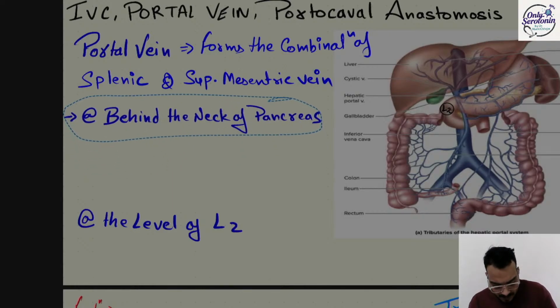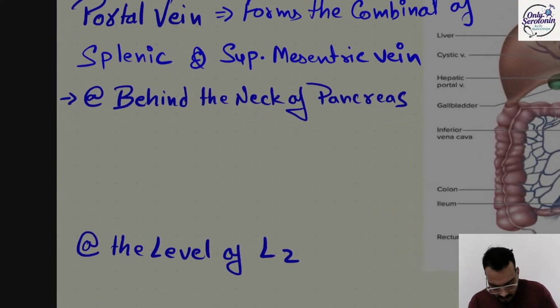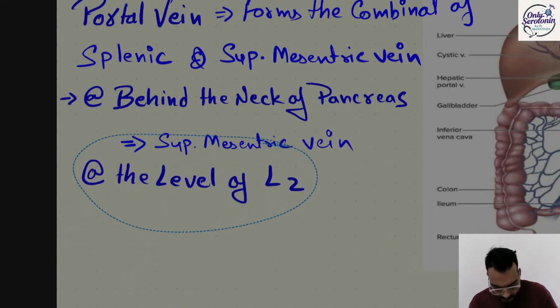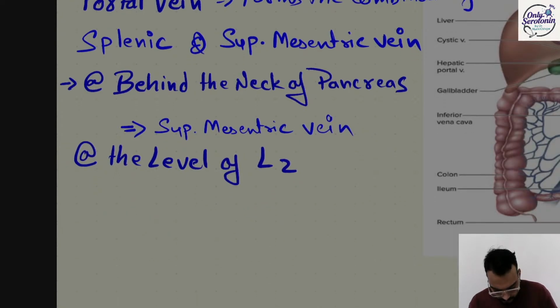So if it is behind the pancreas, what is going to happen? Behind the neck of the pancreas, I have the superior mesenteric vein. Then at the level of L2, this superior mesenteric vein and splenic vein both come and join, and give rise to my portal vein.